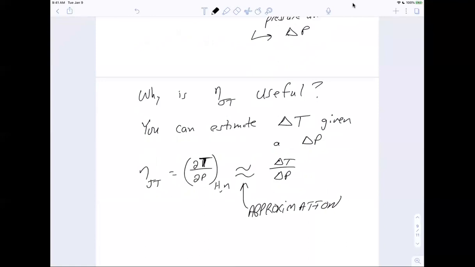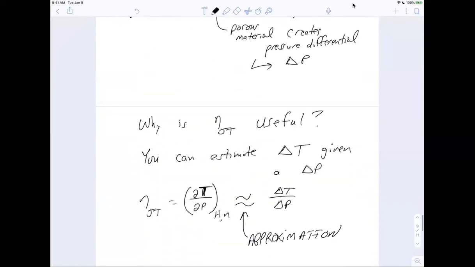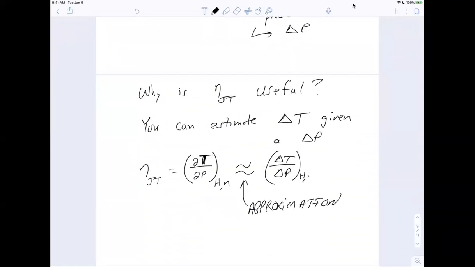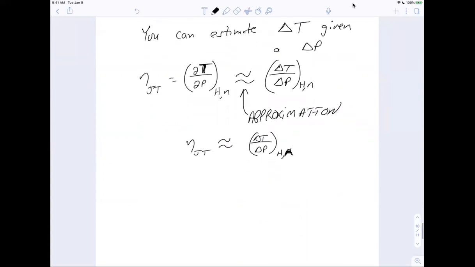So dT/dP at constant H and N is just going to be delta T over delta P. Let me make this very clear: eta JT is approximately delta T over delta P at H and N, and so delta T is approximately eta JT times delta P. This is the approximation or estimate. That's why it's useful.